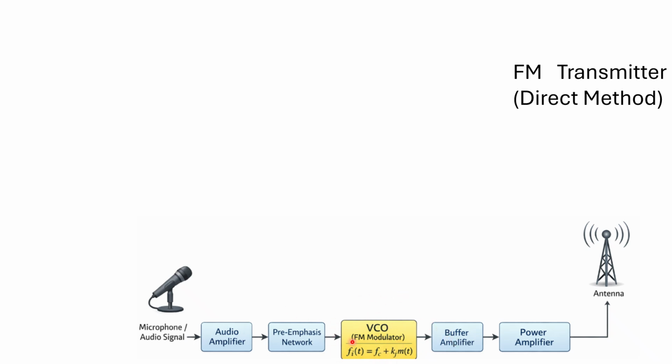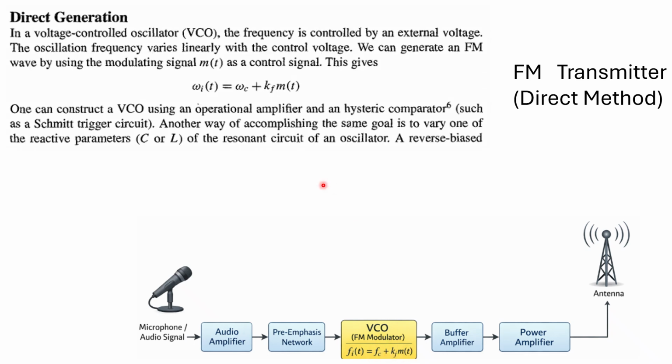So how exactly can we achieve the frequency modulation here? The instantaneous frequency f_i(t) will be equal to f_c plus k_f m(t). So this is the carrier wave frequency, and this term will vary according to the message information.